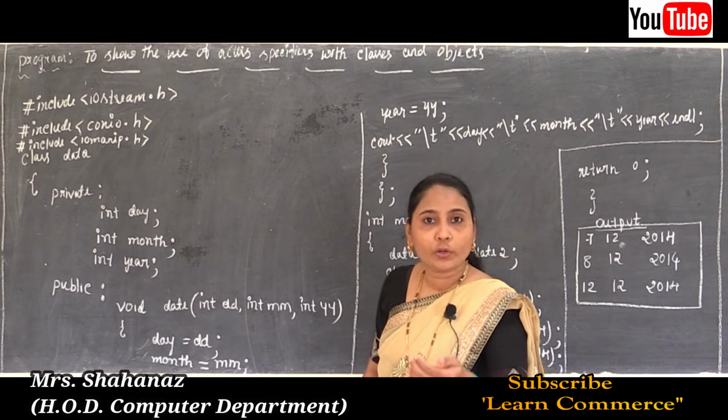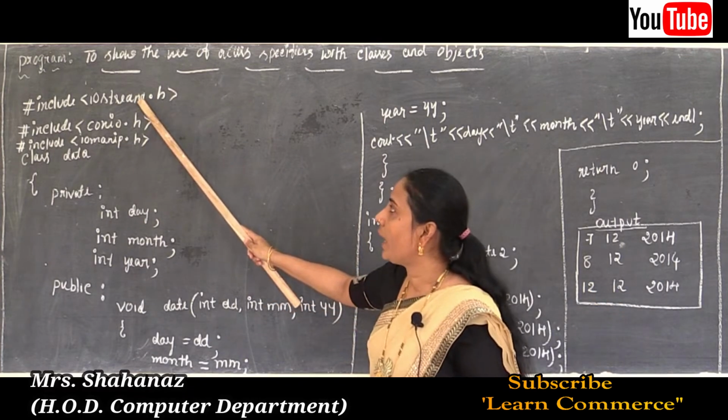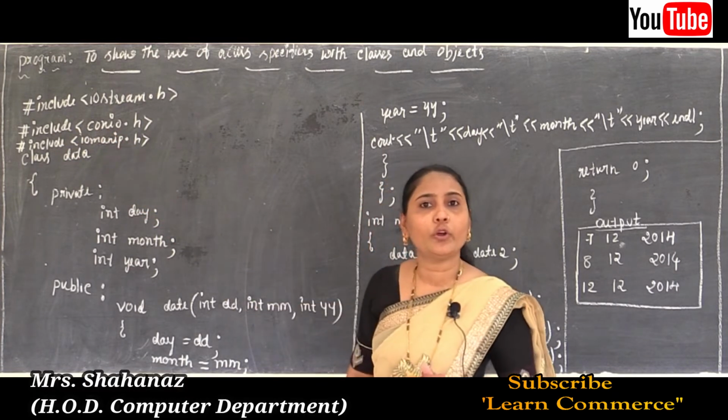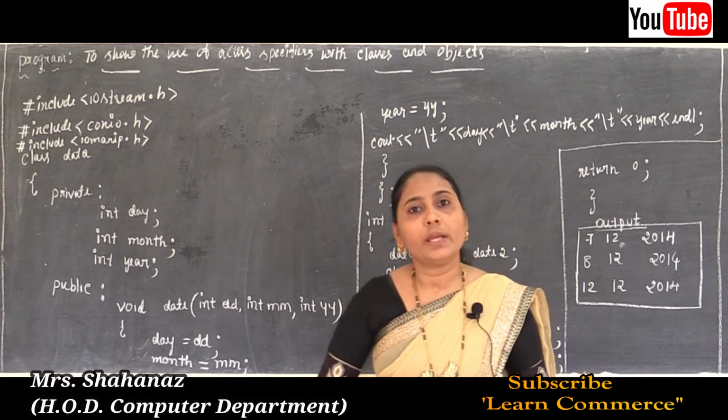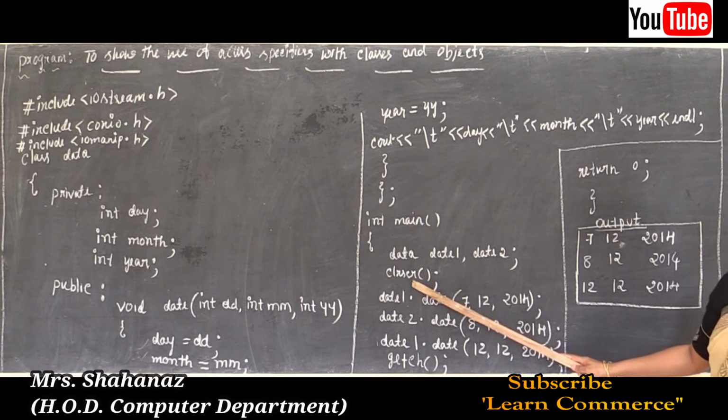To get the input and to display the output we need to use the header file iostream. And the second header file is hash include conio.h, and conio is usable for the function clrscr, clear the screen.